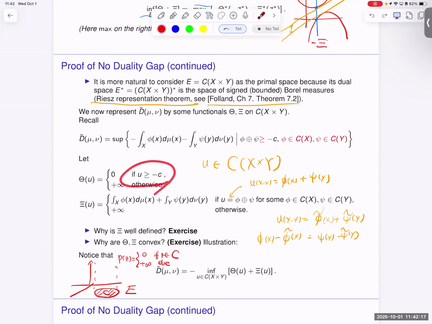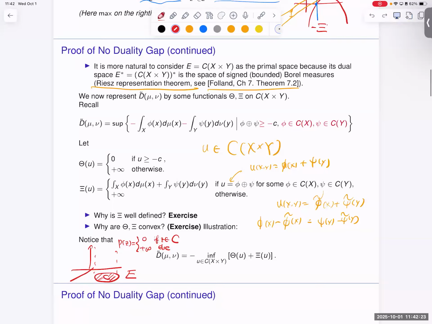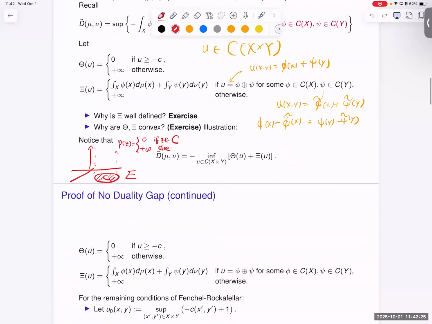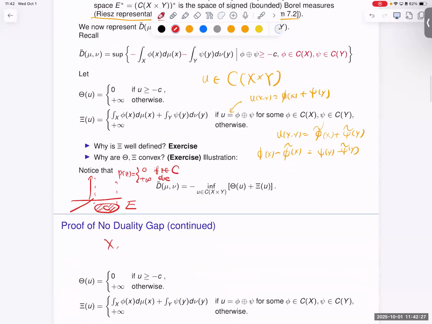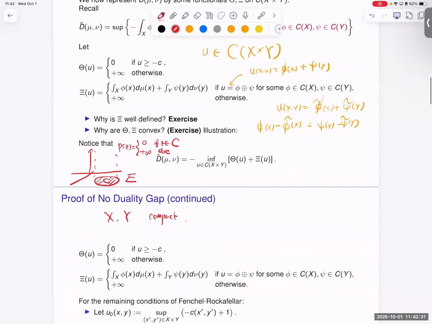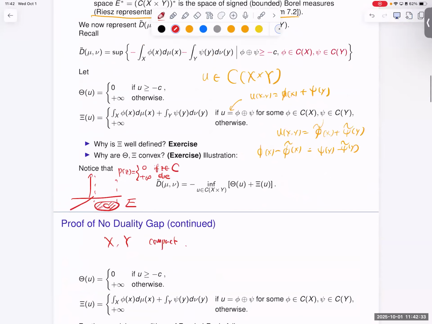You want to satisfy this, but our space, we assume to be compact, right? Okay, so X and Y are compact. We assume that, so you can actually take the maximum value of negative C, right? So you can easily find such a U just as that maximum value.